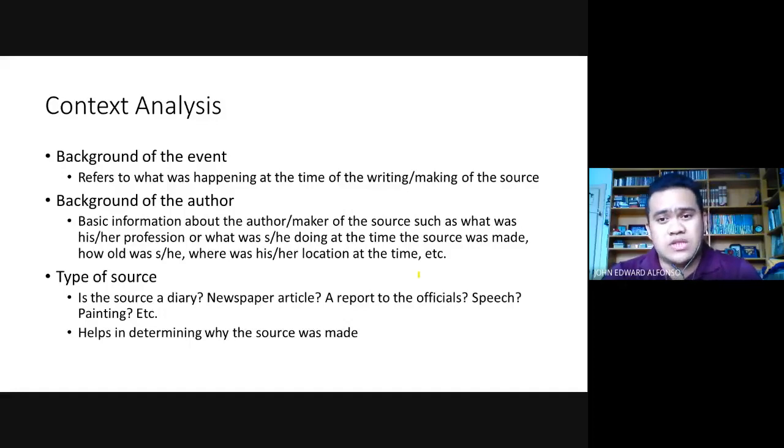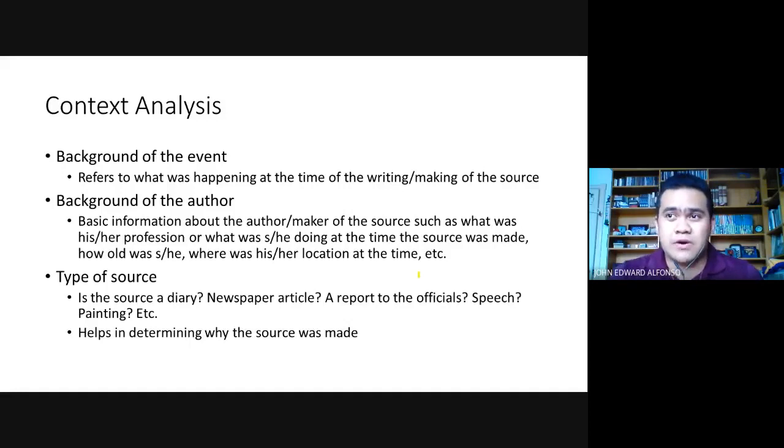What if the writer was living in the United States at the time? He existed at the time and was of mature age, but would his location make him a credible source of information about martial law in the Philippines? Because he was living in the United States.